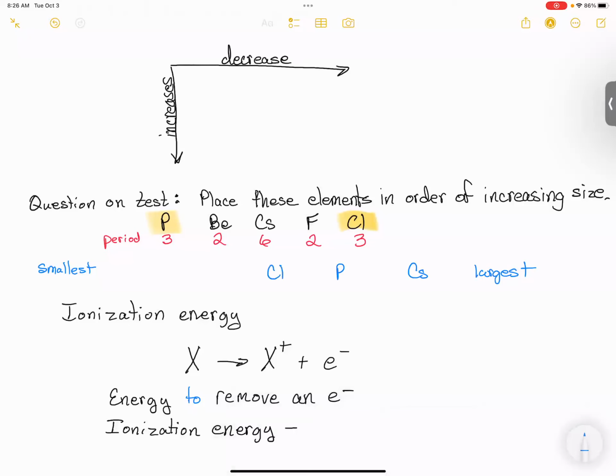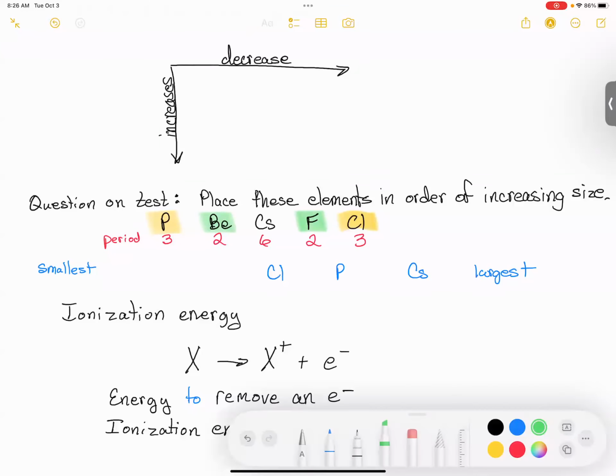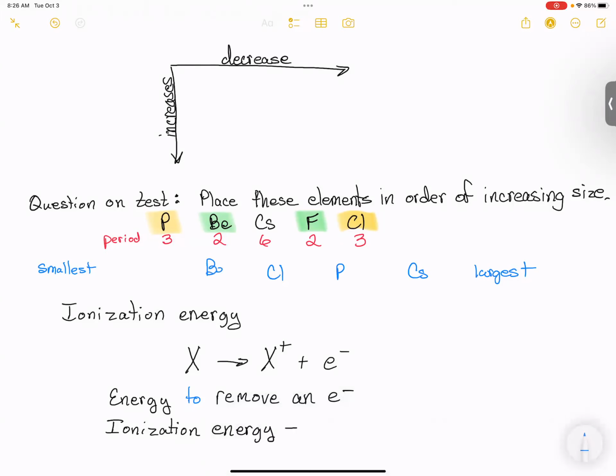Then chlorine. Finally, I come down to my period 2 elements, and who is going to be larger out of them? Beryllium, because it is the furthest left, and fluorine will be the smallest.